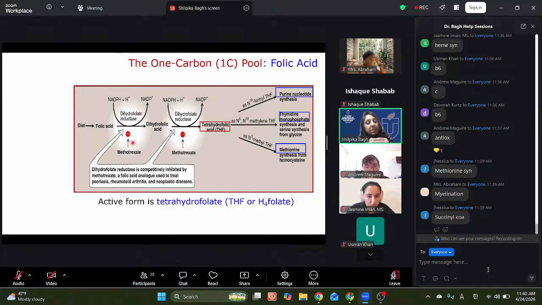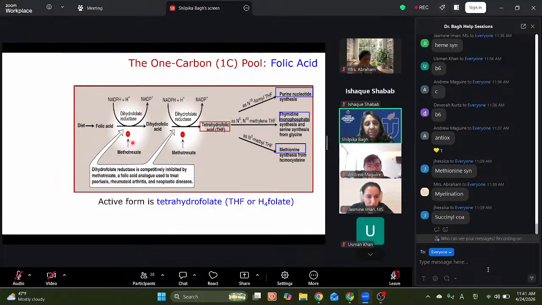But in B12 deficiency, folate is okay. The folate is sufficient in the diet, please. But there's a folate trap. Folic acid is trapped. So same signs and symptoms like megaloblastic anemia. First, are you clear with that? Right? Yes. B12 deficiency, is there anything wrong with folate? No, absolutely no. In B12 deficiency, there is folate trap.